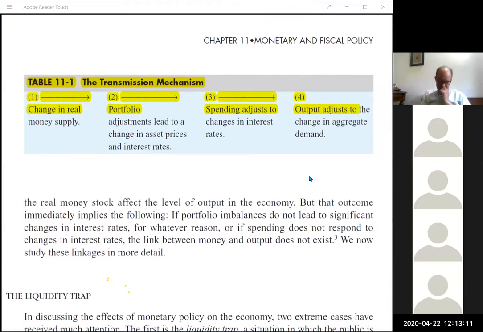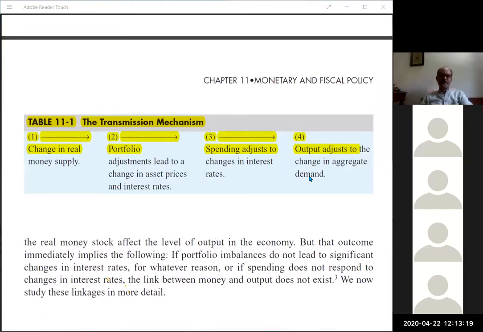Yes, sir. I understood the causation, how it's happening, but how have you related it to liquidity trap? Oh, liquidity trap is when this causation does not take place, because from 1 you never move to 2. What happens in liquidity trap is that you increase the money supply, and people may have more money or more access to credit because the government has increased the money supply, but that does not lead to change in the asset prices.